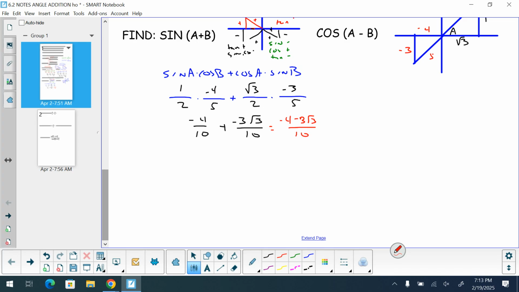Expand out your cosine of A minus B. Try doing it without peeking. Okay, cosine, cosine, sine, sine. They're both cosines, they're both sines. But my sign in between changes as it goes down when I expand it. So rewrite it.